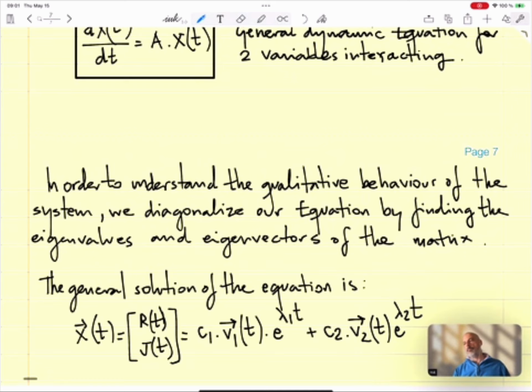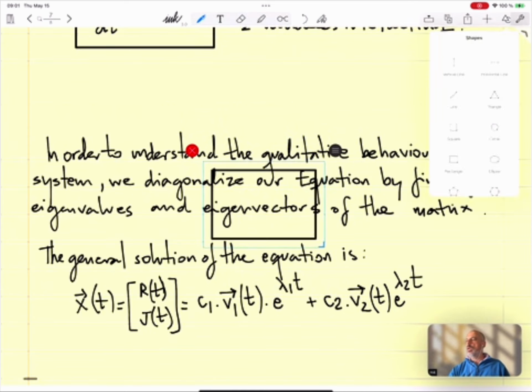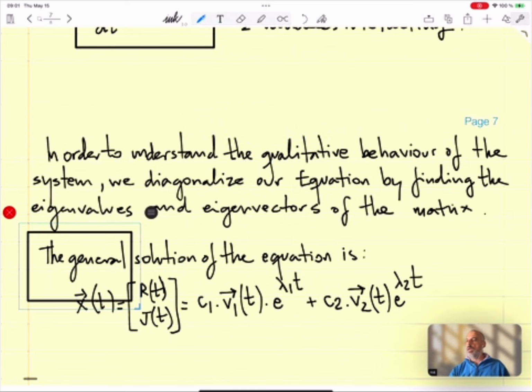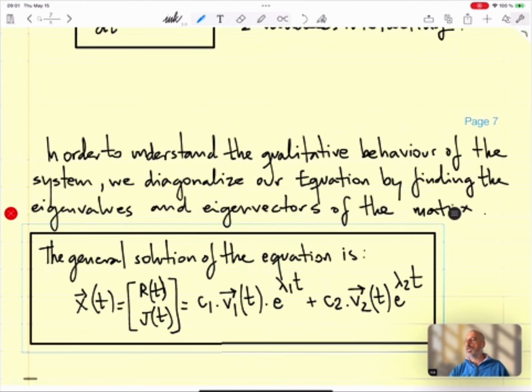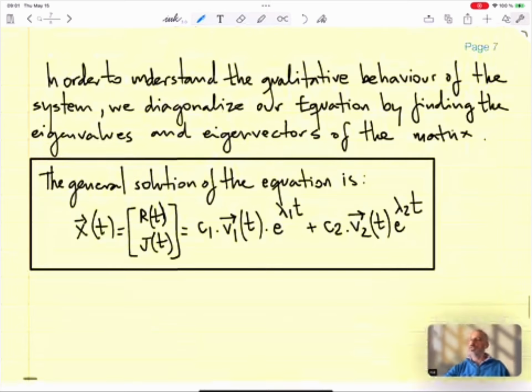Okay? So this is the general solution. We can compute the eigenvalues and the eigenvectors because we know how to do it.